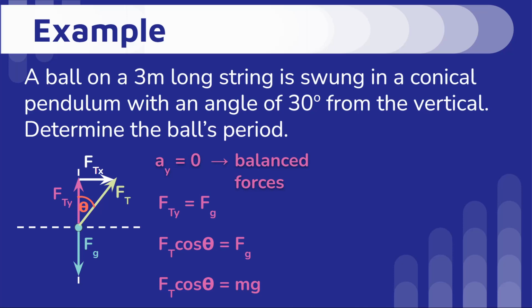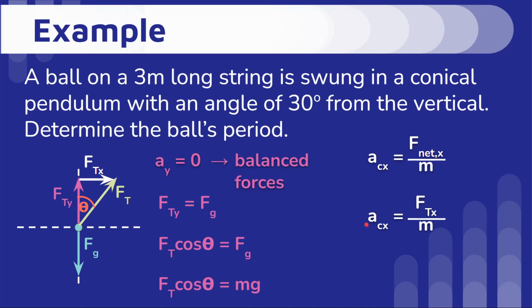What about horizontally? Do I have a net force horizontally? Yes. I only have one force in the horizontal direction, but I have a net force. I have that one force, my Ft in the x direction, causing that acceleration inward to my circular path. So I'm going to plug in my Ftx, that x component, that is my net force.